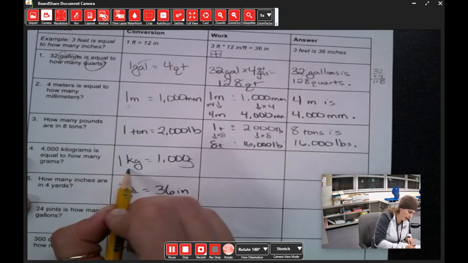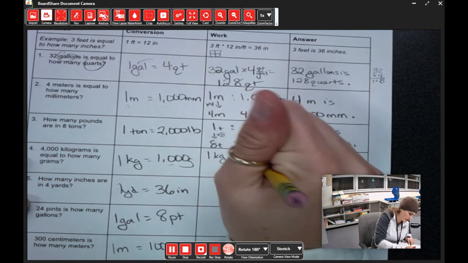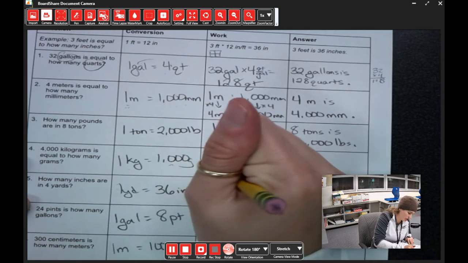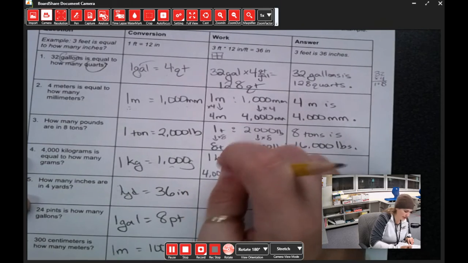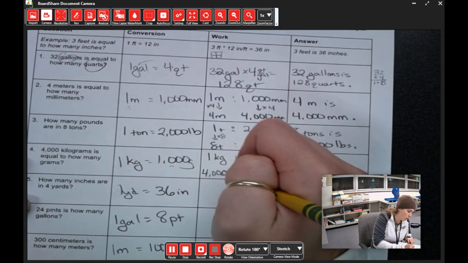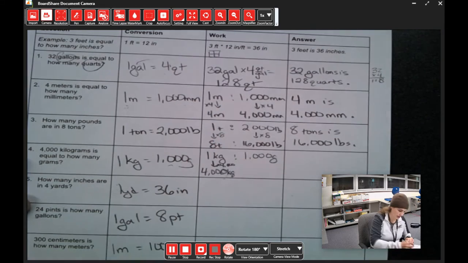4,000 kilograms is equal to how many grams? Well, 1 kilogram is 1,000 grams. So 4,000 kilograms. Actually, I'm really glad I did this because right away I was thinking it's got to be 4, but it's not 4. This is a huge number. 1 times 4,000 gives you 4,000 kilograms.